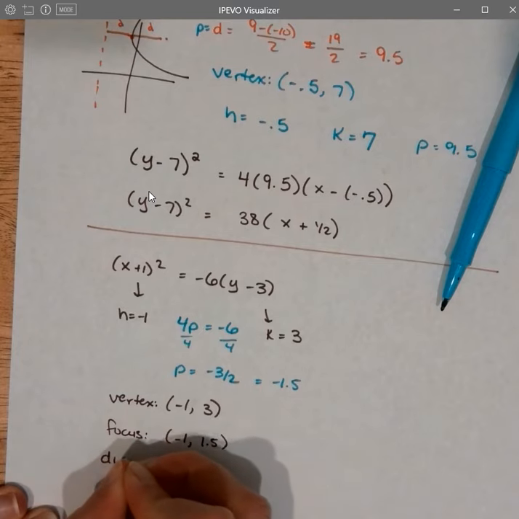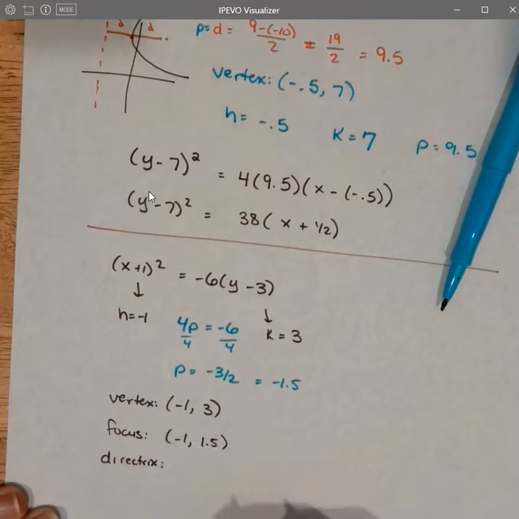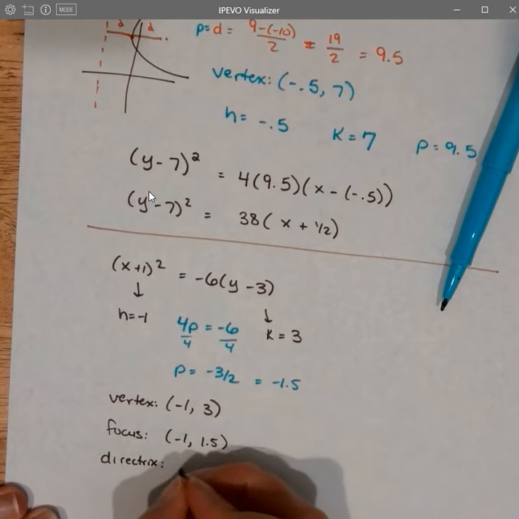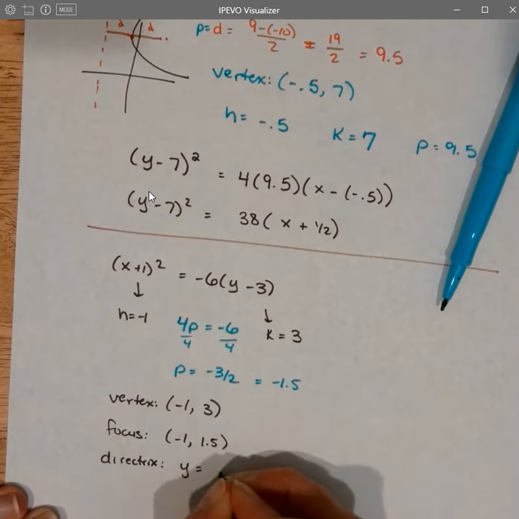And the directrix is going to be, let's see, we're going to need to subtract. 3 minus negative 1.5, so y equals 3 minus negative 1.5, which is 4.5.